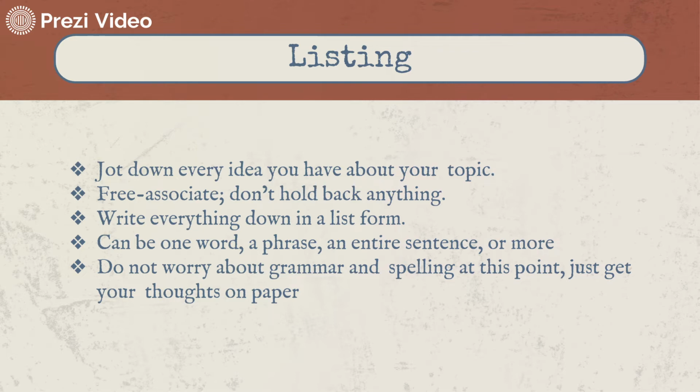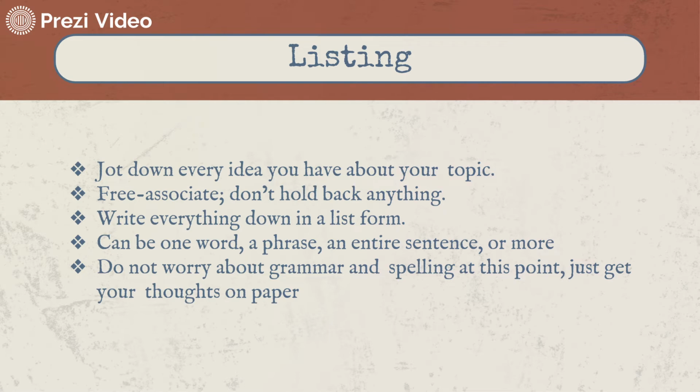However, for listing, you are going to write everything down in a list form. Number 1, number 2, number 3, and the list goes on. You are going to jot down every idea that you have about your topic. For this particular step, do not worry about your grammar or spelling. Just get your thoughts on paper.